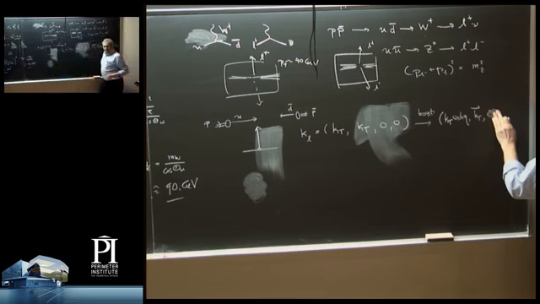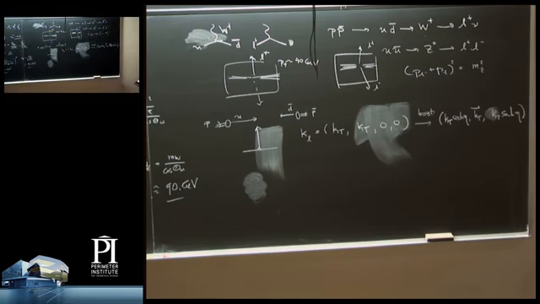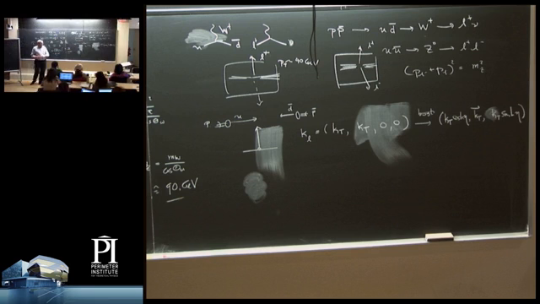So eta is the rapidity. It's essentially the hyperbolic angle through which you're making the boost. This vector satisfies pT squared plus p longitudinal squared is equal to the square of the energy.